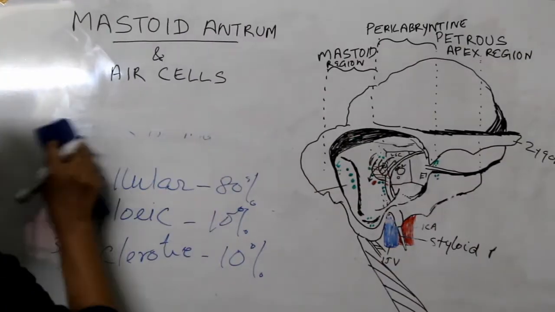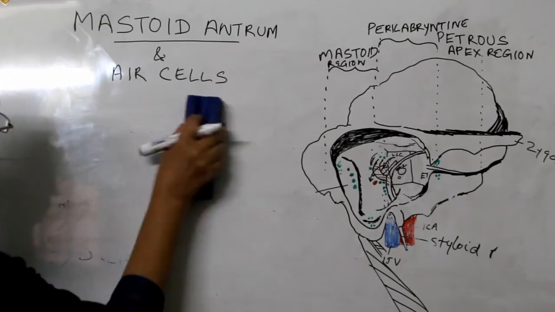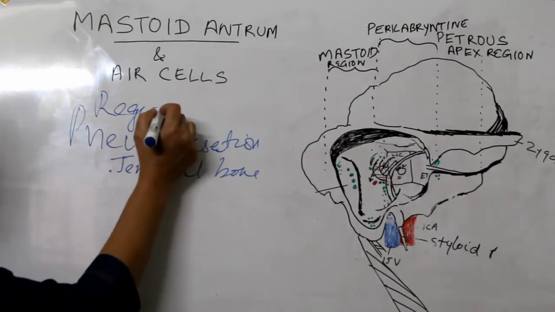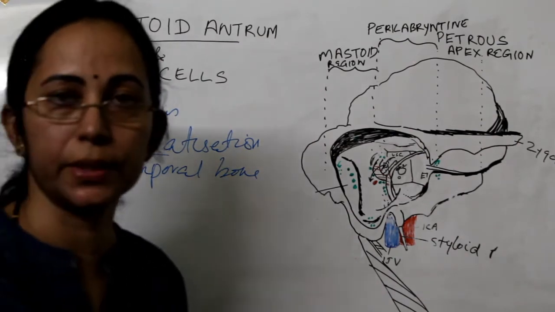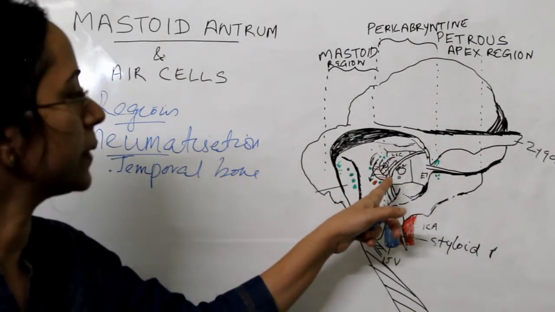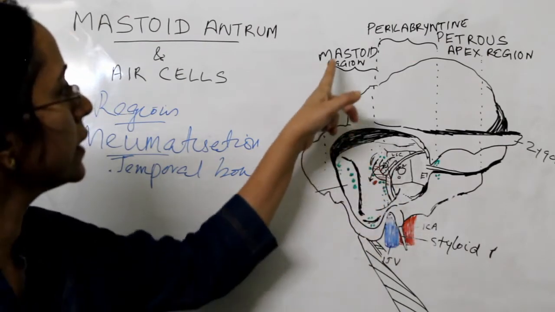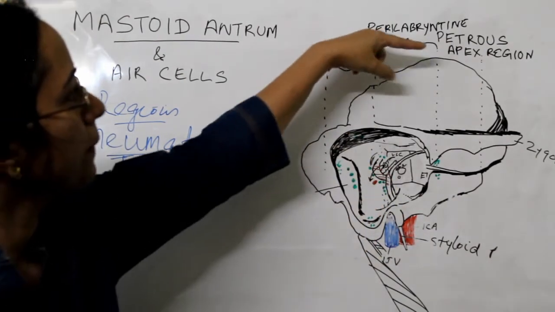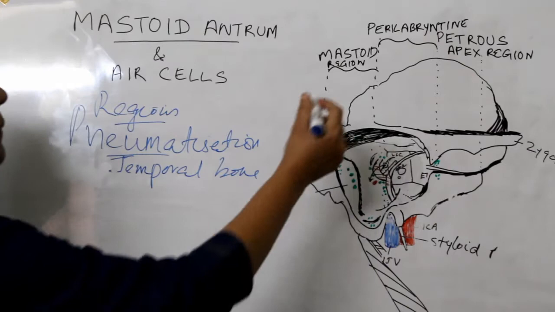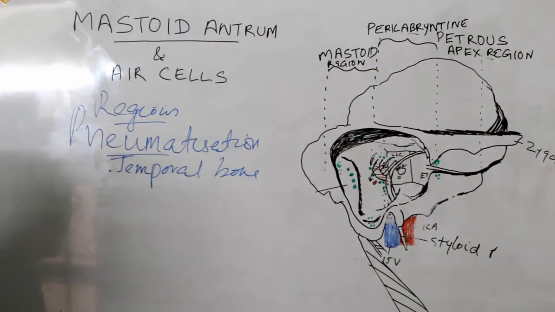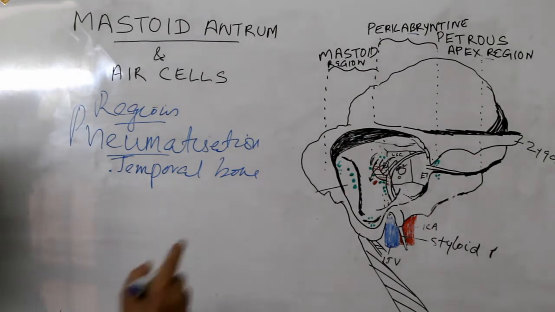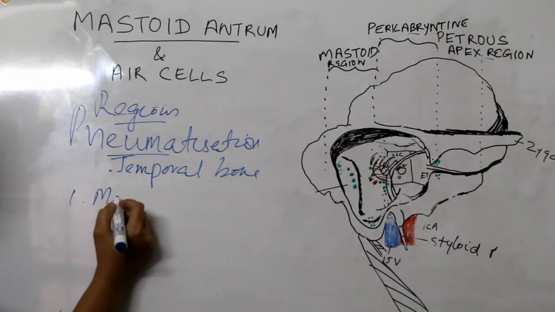So, for the postgraduates, there are 5 regions of pneumatization of the temporal bone. One is the medullary region, then the mastoid region, perilabyrinthine region, petrous apex region and accessory region.